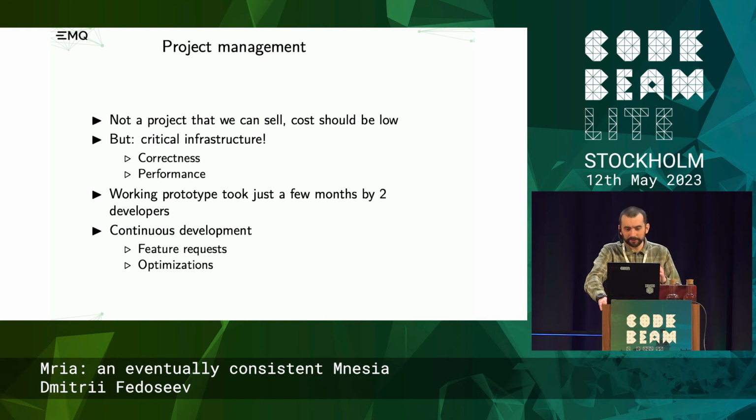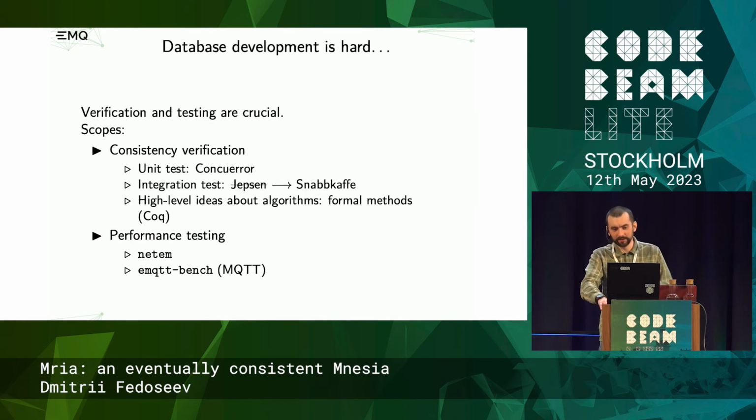We alleviated most risks by intentionally simplifying the protocol as much as possible, reusing battle-tested code, and focusing our testing effort only on the new parts. This allowed us to implement Mria and incorporate it into EMQX in just a few months by 2 developers who did not even work on this full time.